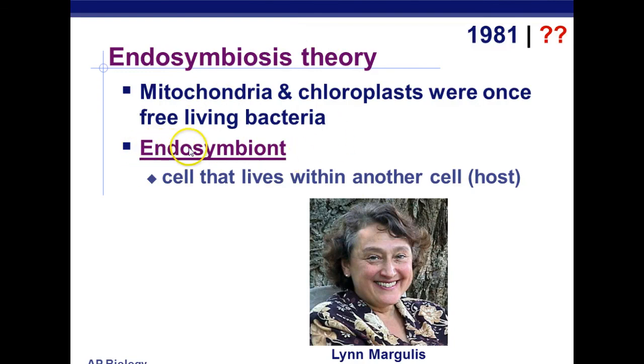Endo means inside. Symbiont means somebody that shares something with the cell. They both benefit is what it means. So they become endosymbionts, the cell that lives within another cell. Endo means within. So in other words, they're their own cells that live within another cell called the host cell.